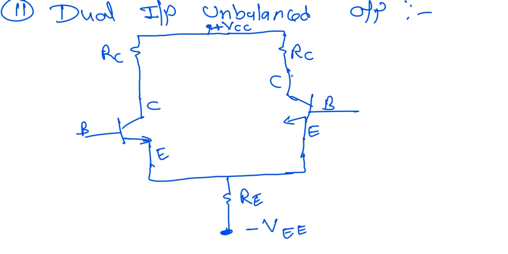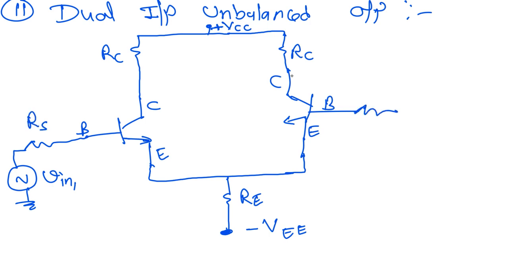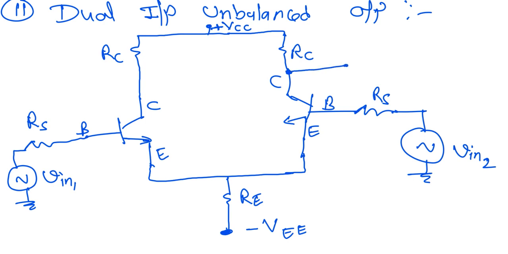Then dual input is there, so I should draw two input signals: V in 1, which has source resistance RS, and the second input is V in 2. Now it is the diagram of unbalanced output. So I will just take output at only one collector terminal with respect to ground.